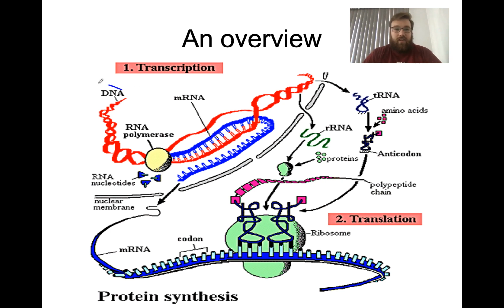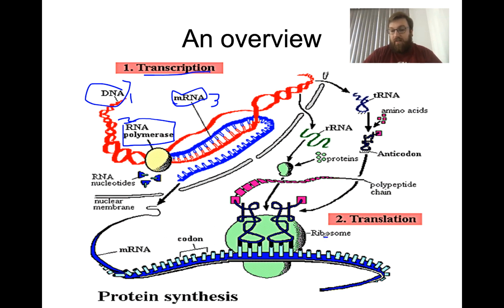So here's our DNA. That enzyme I was telling you about that reads the DNA and turns it into RNA is called an RNA polymerase. Here's our RNA that is made from that, the transcription. This then moves out into the cytoplasm or the ER.